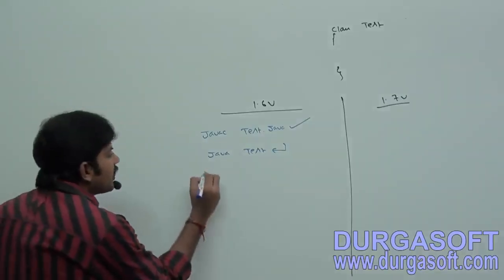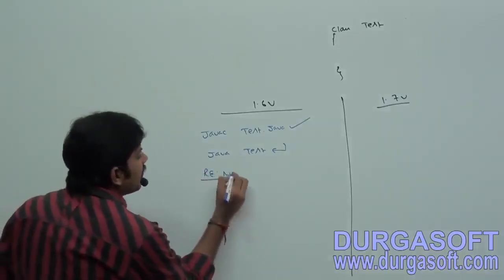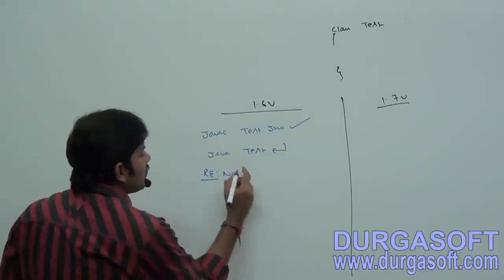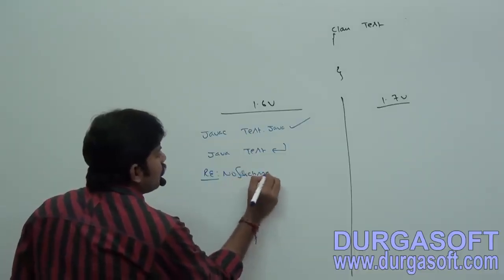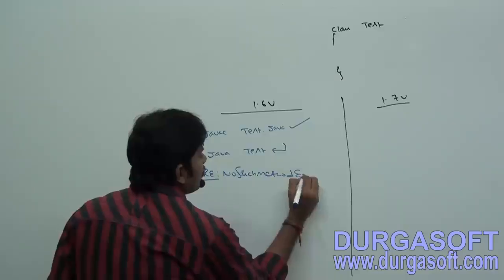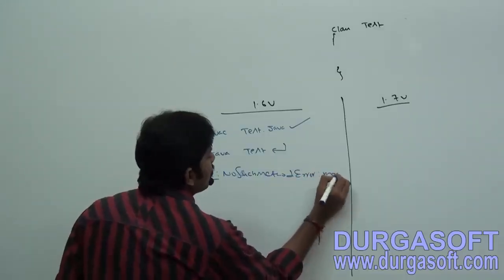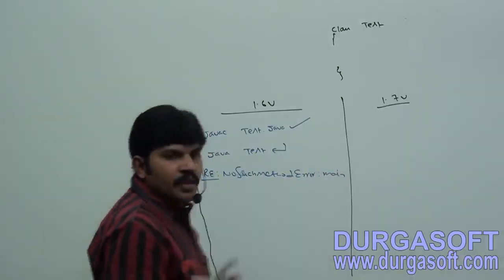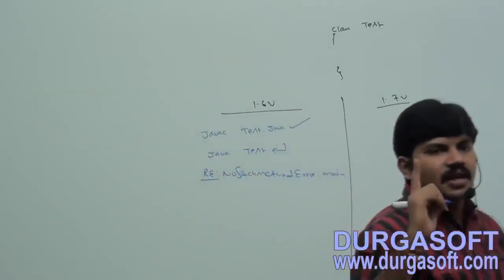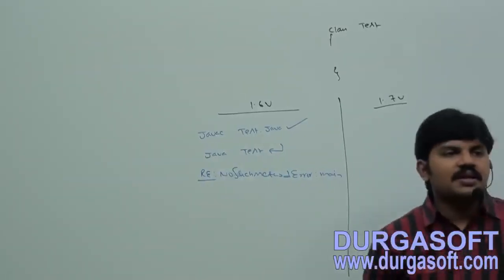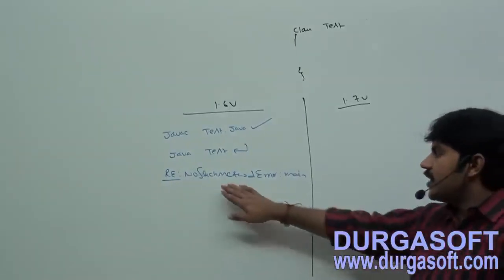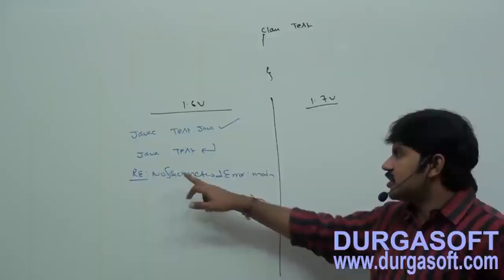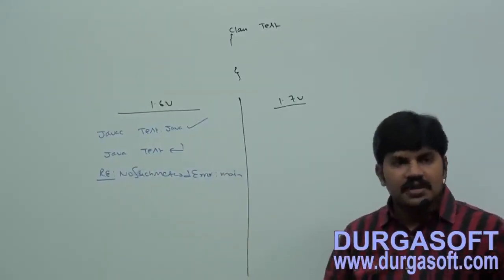Then immediately we will get a runtime exception saying NoSuchMethodError: main. Are you getting it? If the class doesn't contain a main method, then we will get a runtime exception saying NoSuchMethodError: main.